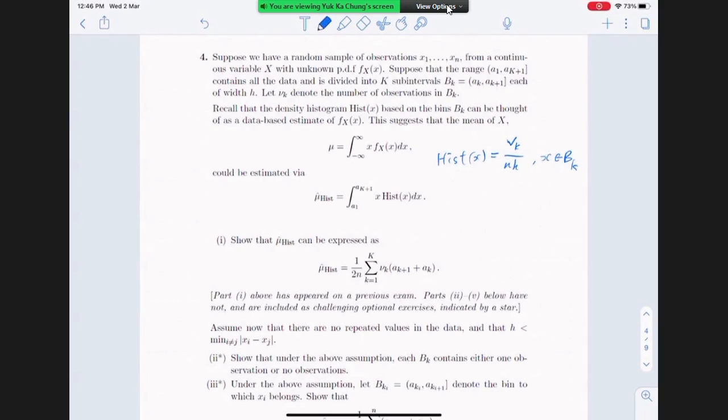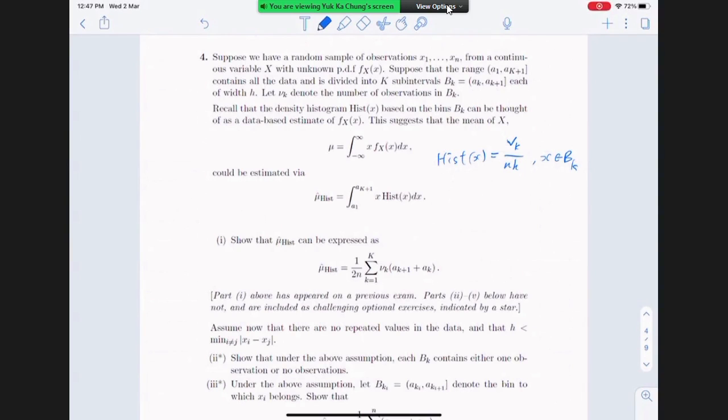Okay, so this is the histogram. So we need to substitute this into this integral to do the integration. But the problem here is that this will take a different value in each class because it depends on the frequency. And therefore, to start with, you can first partition the integral according to the classes.